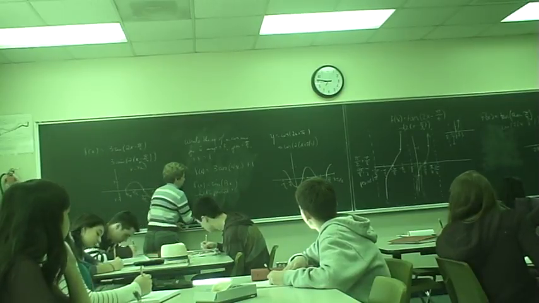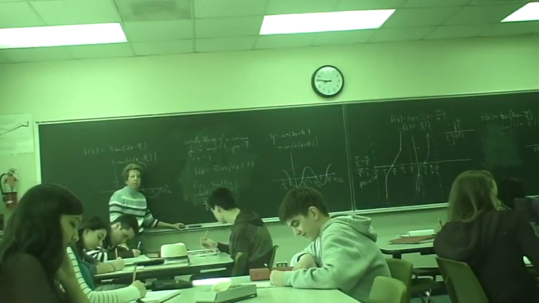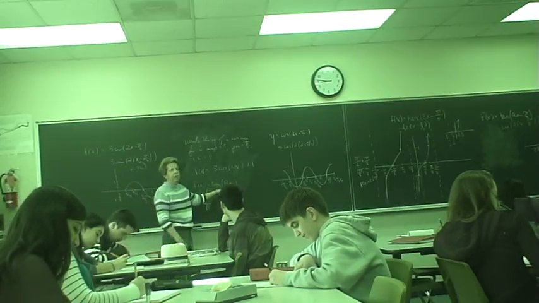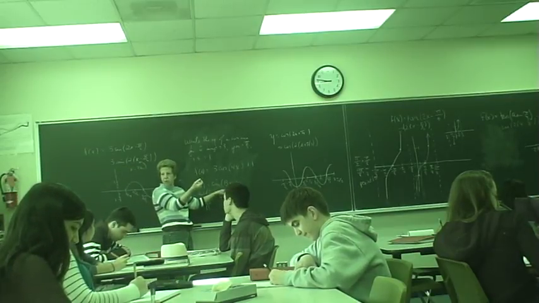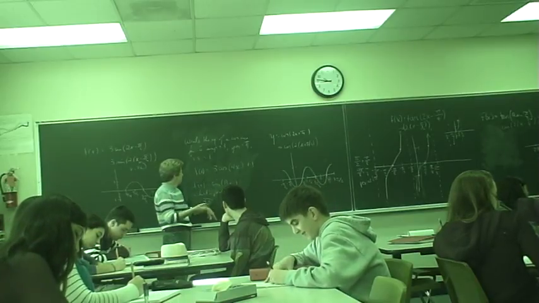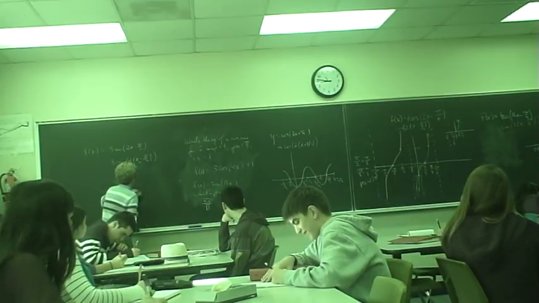Is that right? So if this was a 2 in here, my period would be shrunk in half, so it would be 2 pi over 2. So it's useful to have that in your brain.